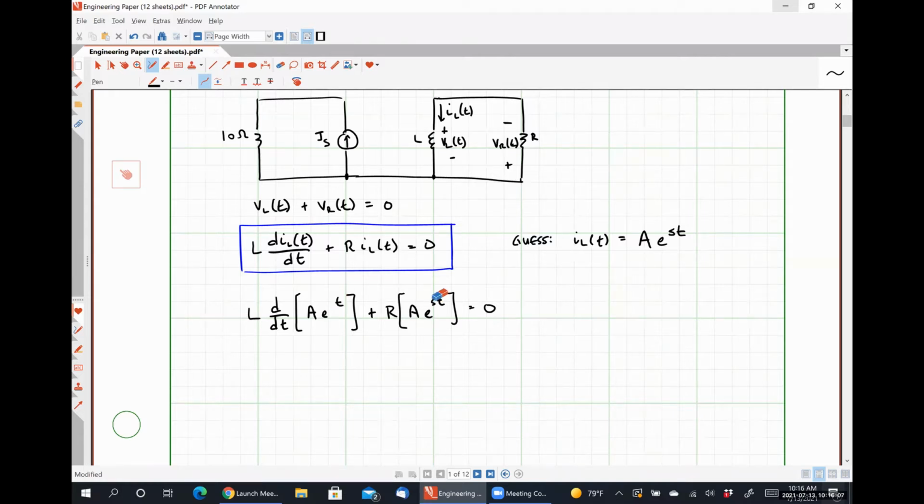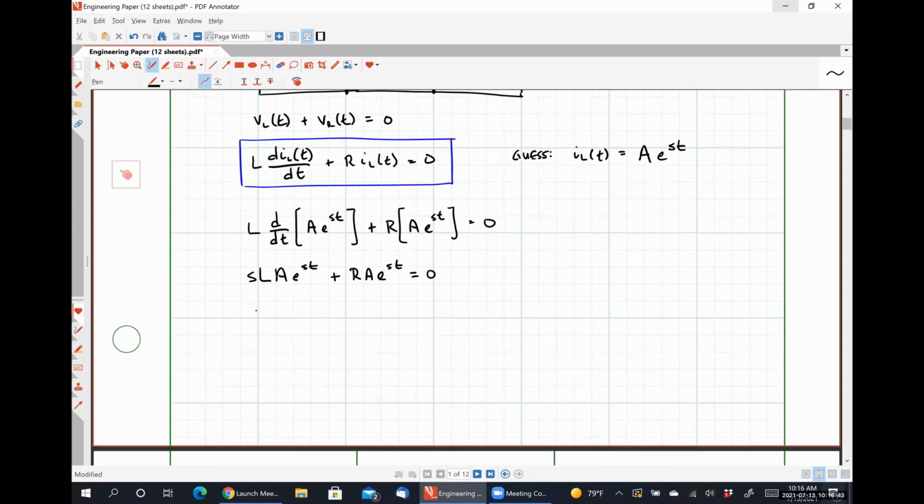That's not supposed to be a 5, it's supposed to be an s, like we know what value it has, so it's another variable. But you're correct, we'll just take the derivative of the argument of the exponent, which is just going to be s. So this should look like sL A e to the st, and then we'll have R times A e to the st is equal to 0.